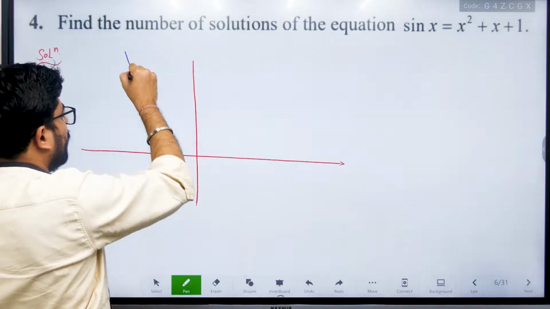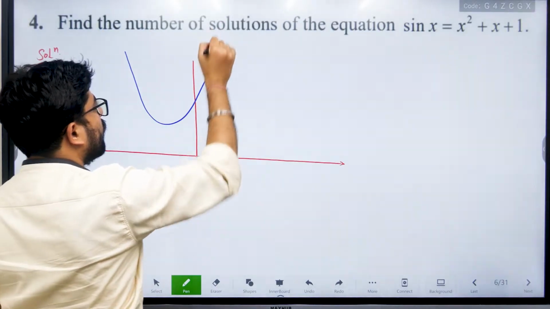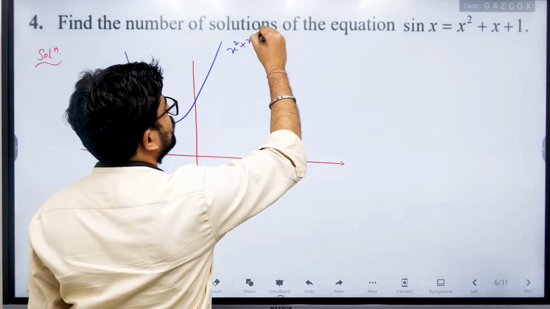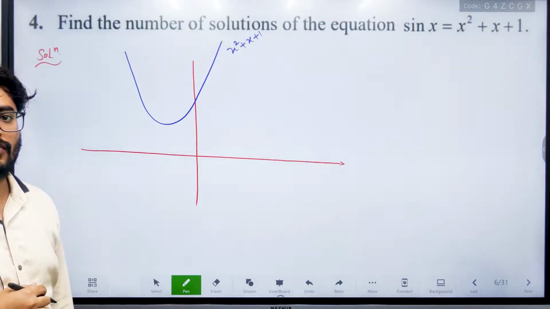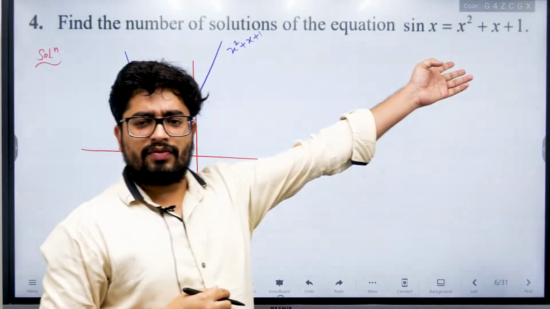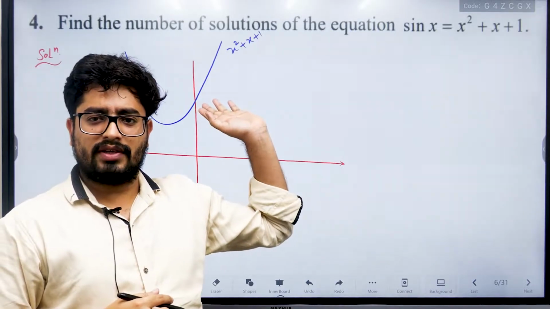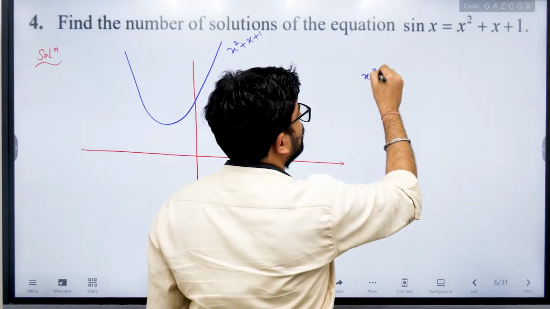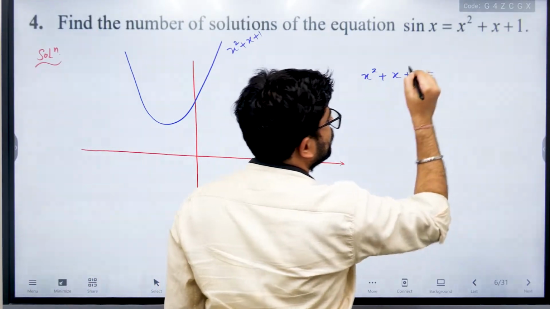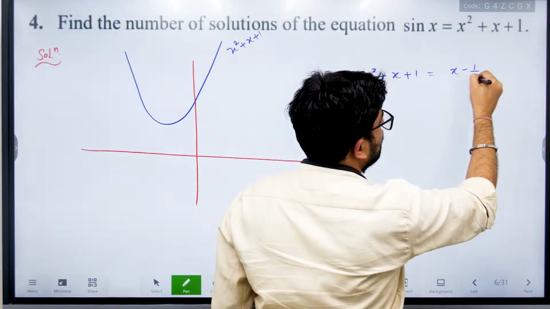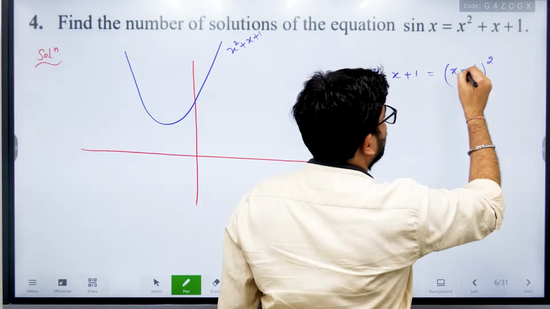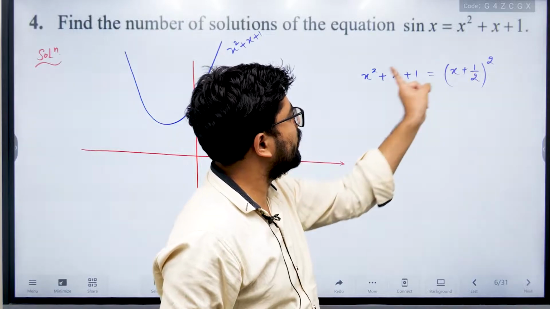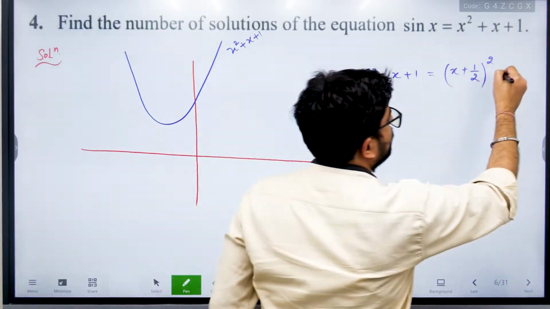This is y equal to x square plus x plus 1, the curve. We already know a is greater than 0 and D is negative, so the expression is always positive. You can write x square plus x plus 1 as x plus half whole square, which gives x square plus 2 into half into x, that is x, plus 1 by 4, and now plus 3 by 4.